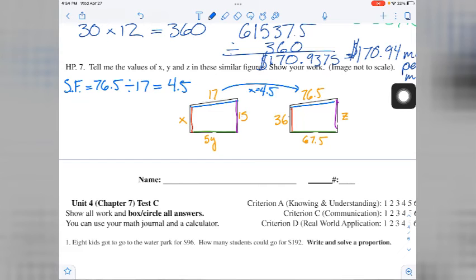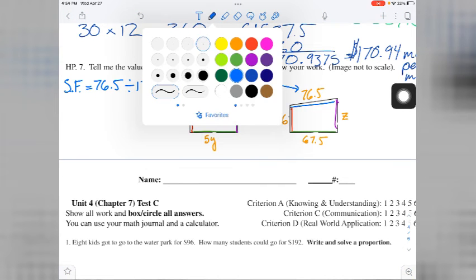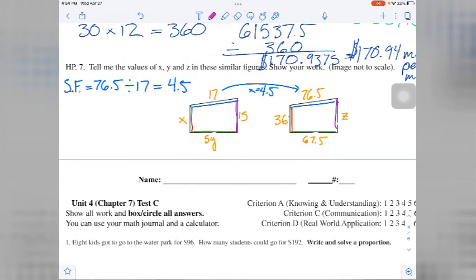And if all of the sides are proportionate, that means that I will be doing the exact same thing with all of the other sides. So if I have 15, I'm also going to multiply that times 4.5, and 15 times 4.5 here is 67.5. So I know Z equals 67.5.